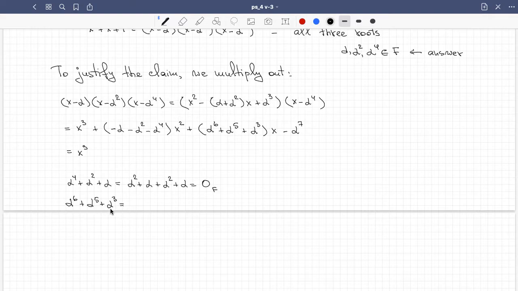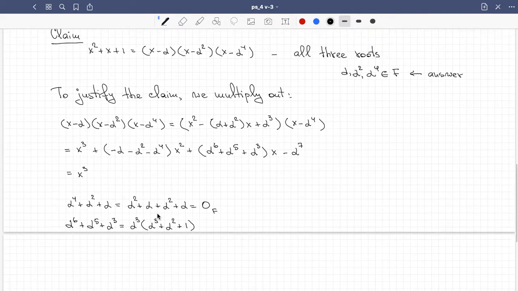I can factor alpha cube out. Alpha cube plus alpha squared plus 1 is 0, because alpha is a root of our polynomial.